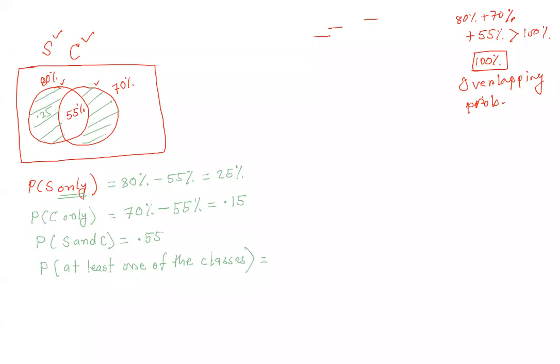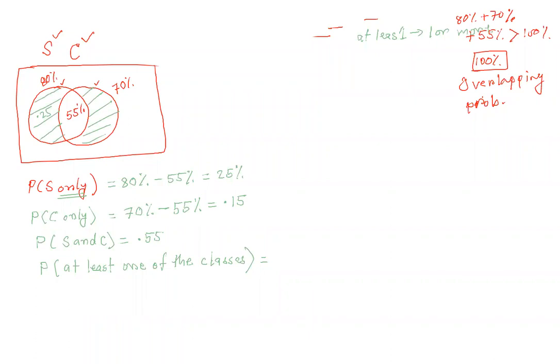At least one of the classes means the student either passes chemistry or statistics or both. At least one means one or more.